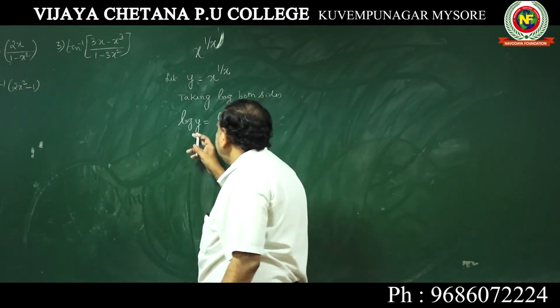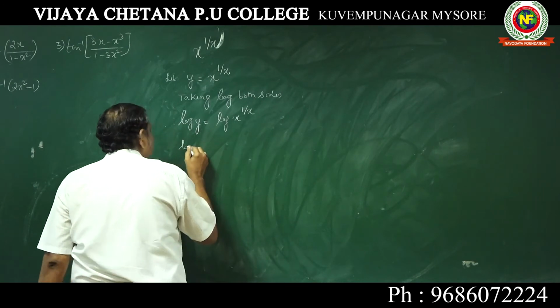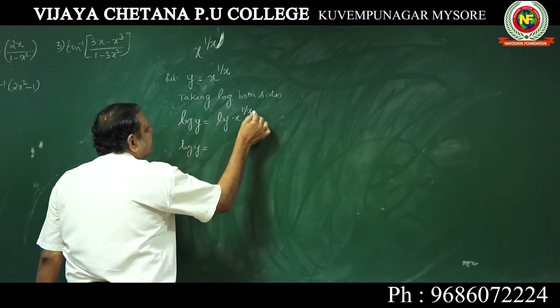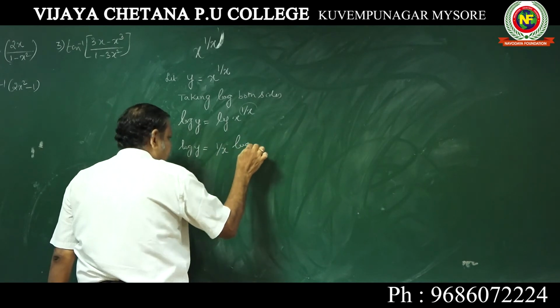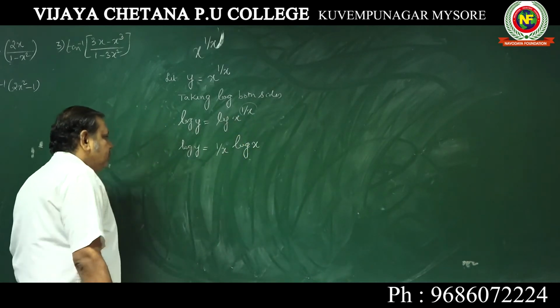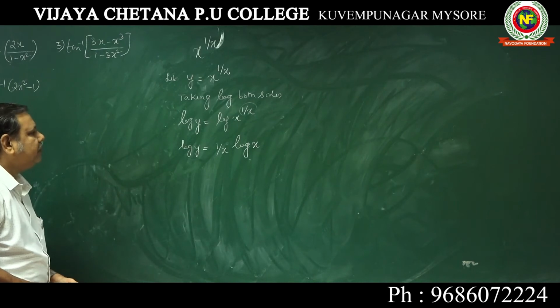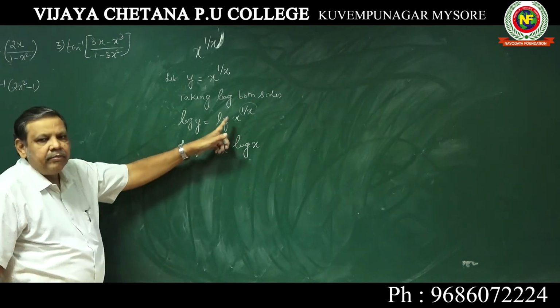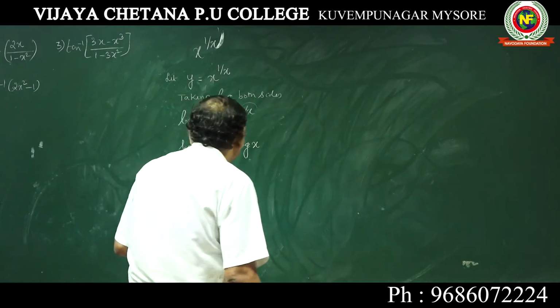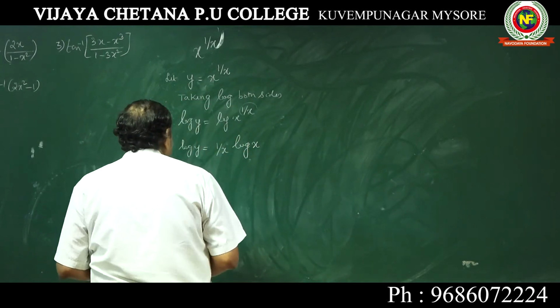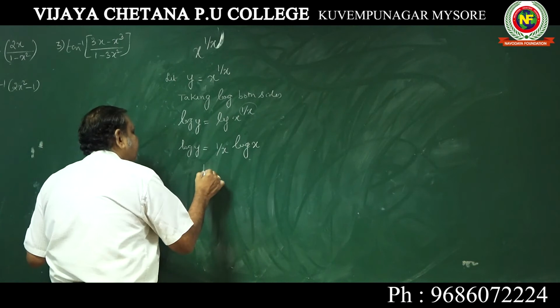Log y is equal to, this power will come by the side of it, 1 by x log x. Understood? Because this is the formula, log m to the power of n is n log m. Now log y is equal to 1 by x log x. Now differentiate.